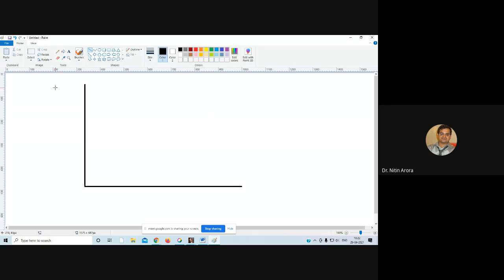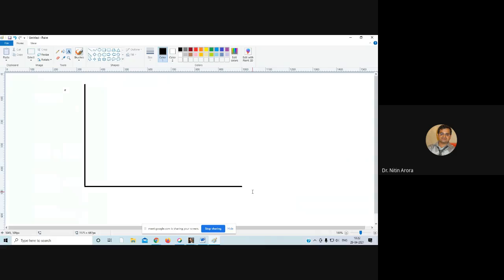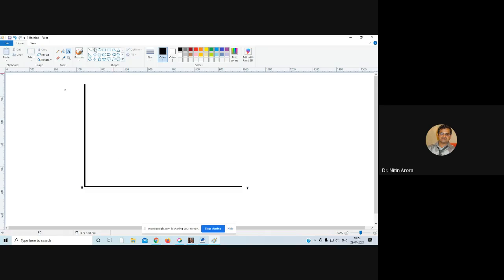I am having again the interest rate and income space, wherein the three curves IS, LM, and BP curves will be drawn.